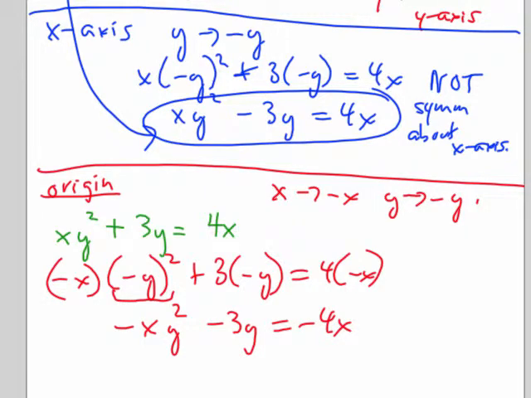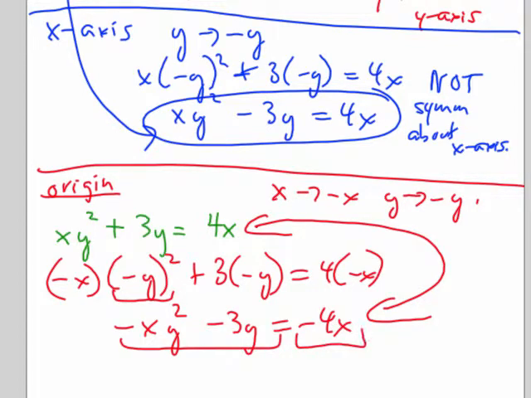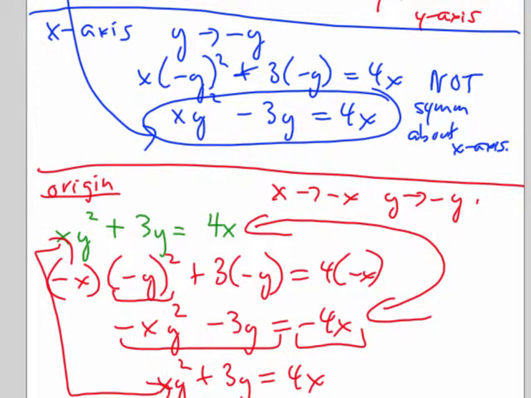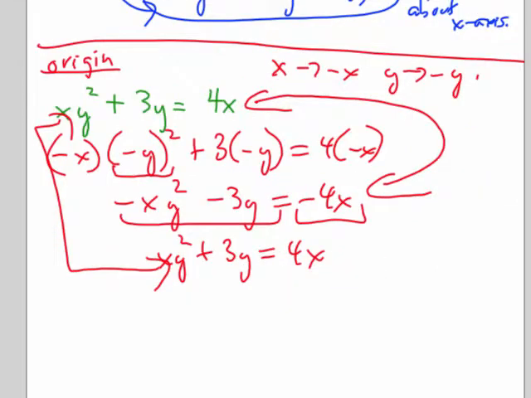Okay, and so I say to myself, is this the same as this? Well, actually the answer is yes, because if I multiply both sides by negative 1, these are the same.